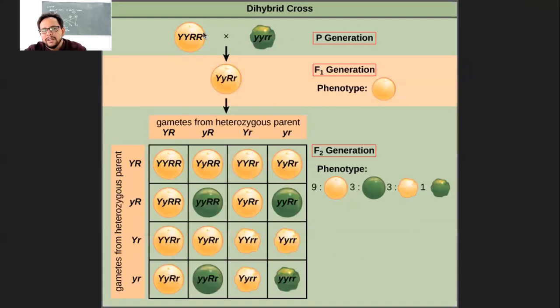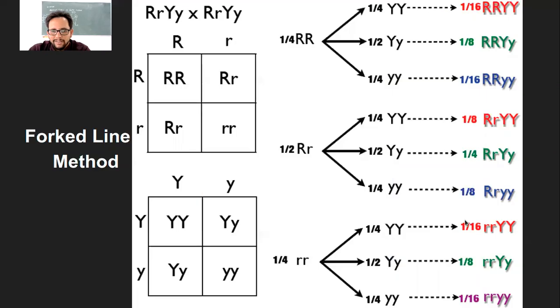These two individuals will be crossed, you will get the F1 generation, and then the F1 generation self-pollinates, or similar individuals are crossed, and you get F2. The same thing is done there also. It is just the way we represented it here as a Punnett square; instead, here it is the fork line method. That's it, nothing different. Okay, any question here?